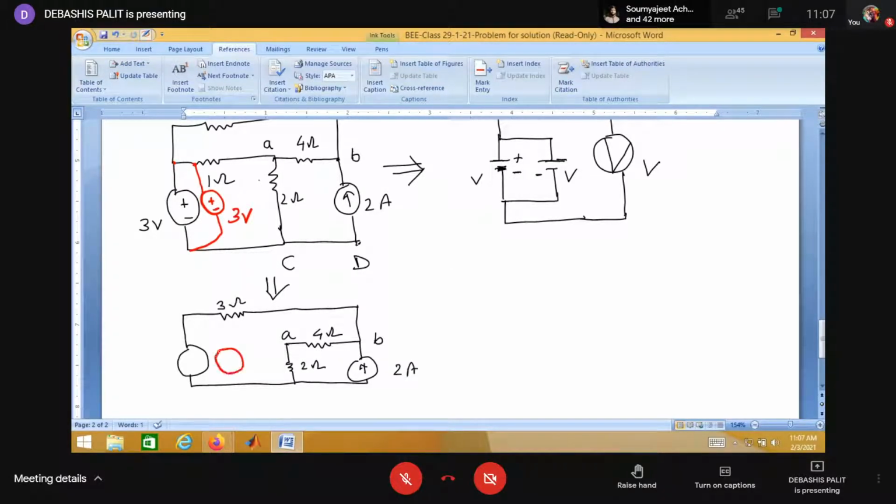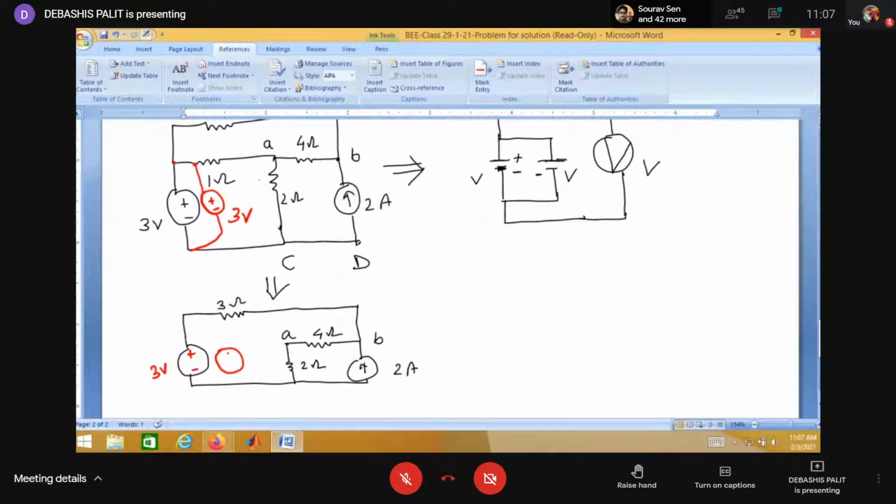There is another voltage source, plus minus 3 volt. So another voltage source is there. I'm just opening this terminal, and 1 ohm resistance is there.